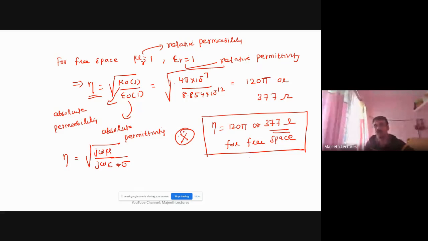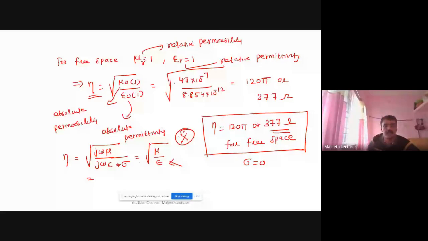In free space, the conductivity is 0. Right? So if you substitute 0 here, it will become root of mu by epsilon. Because when sigma is 0, it is j omega mu by j omega epsilon. So j omega cancels. It is mu by epsilon. That's what we have done already. So this is a third equation.